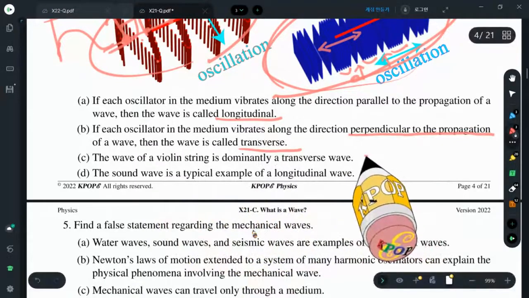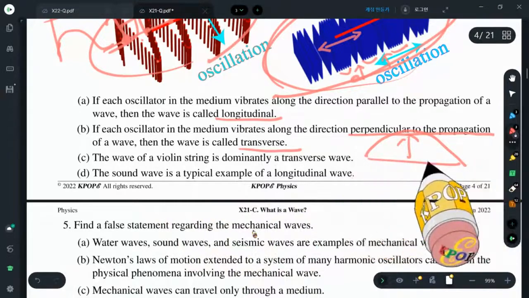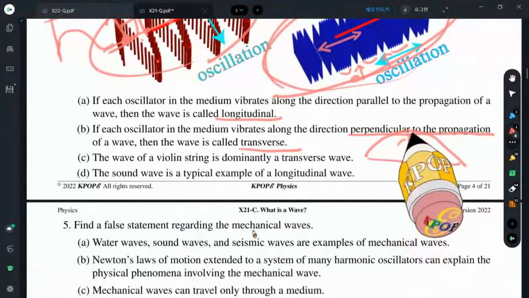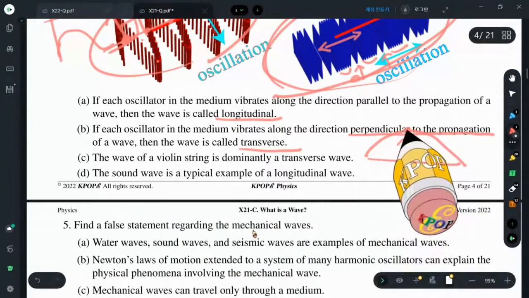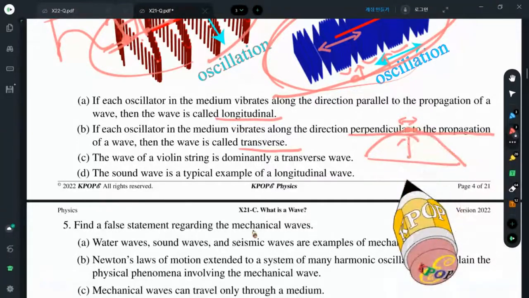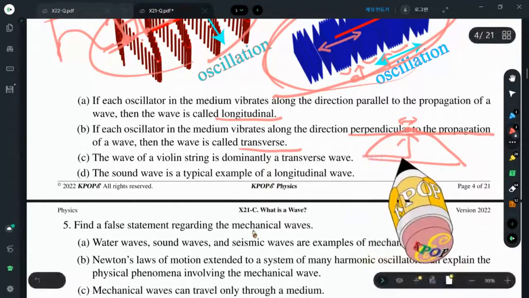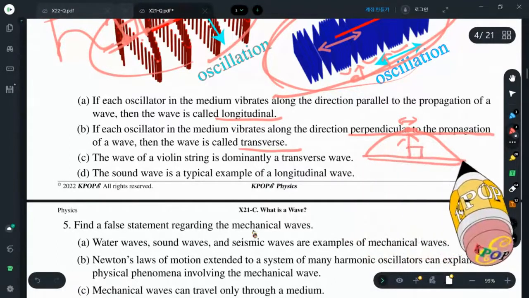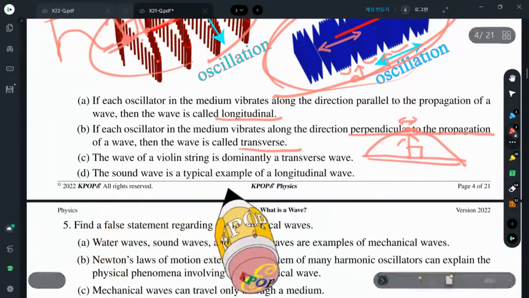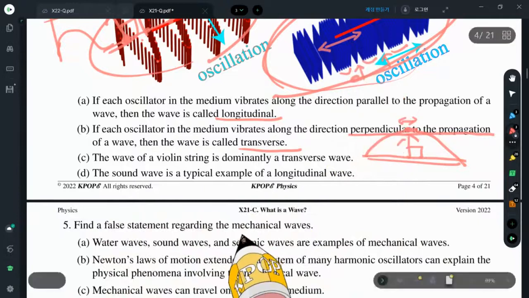Yes, the violin string vibrates perpendicular to the direction of propagation. Sure, because it is elastic, the mass can oscillate longitudinally, but dominantly the motion is up and down, which is perpendicular to the direction of propagation. The sound wave is a typical example of a longitudinal wave.